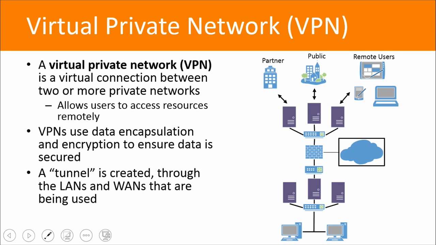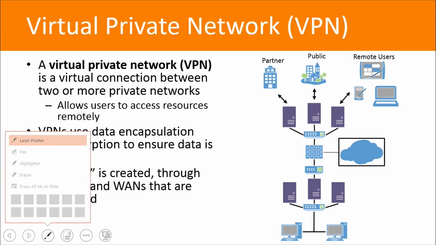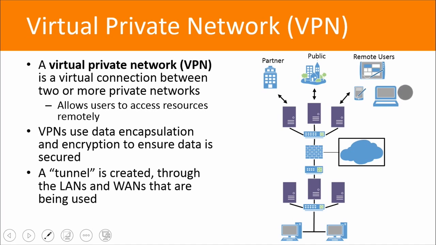VPNs do this by simply encapsulating, or rather creating a tunnel in which communications can pass through, right? So the tunnel goes through all the different LANs and WANs that data communication might have to pass through in order to reach its destination. So you could be working remotely over here with our remote users, right?